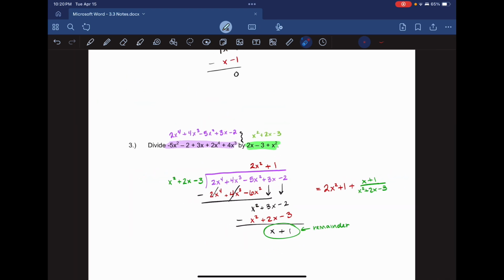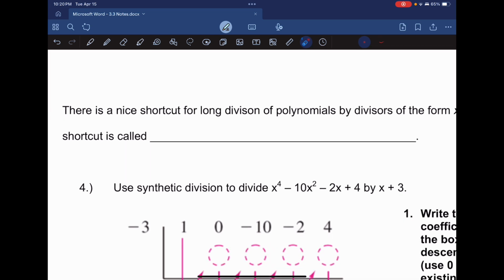All right. Let's talk about synthetic division. Okay, so synthetic division, I've noticed students prefer because synthetic division gets rid of the variables. You don't have to think about exponents anymore. All synthetic division is we're looking at the coefficients. Okay?